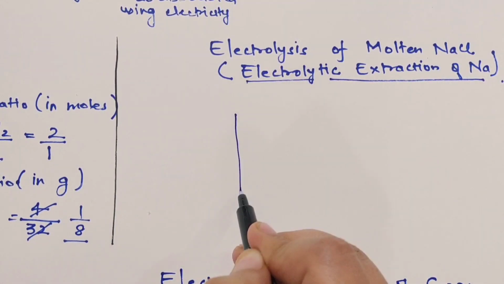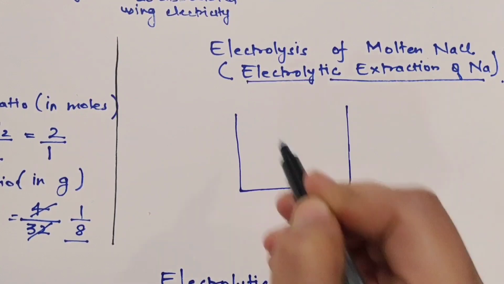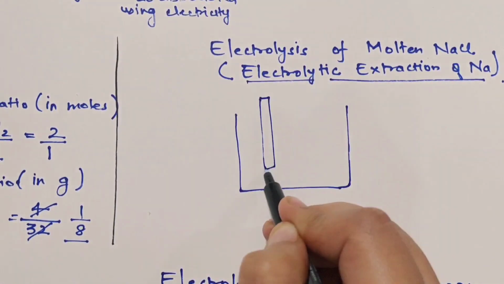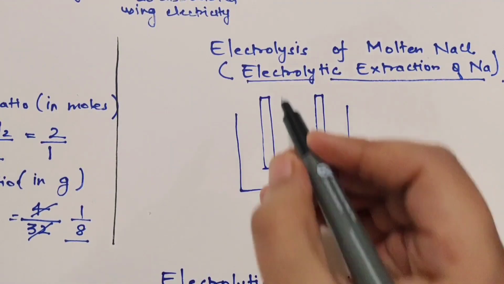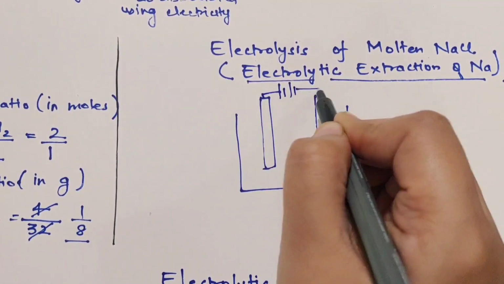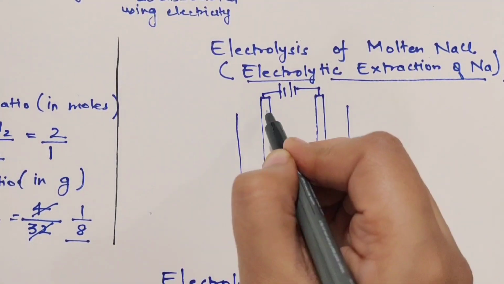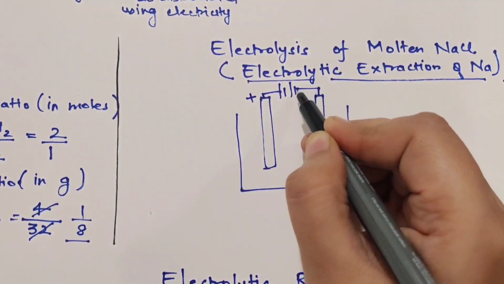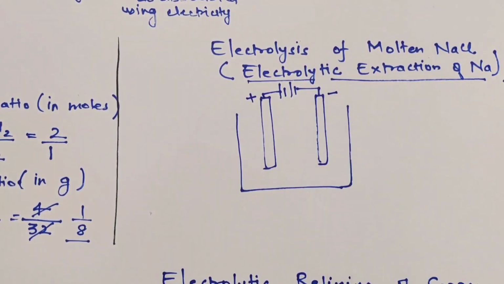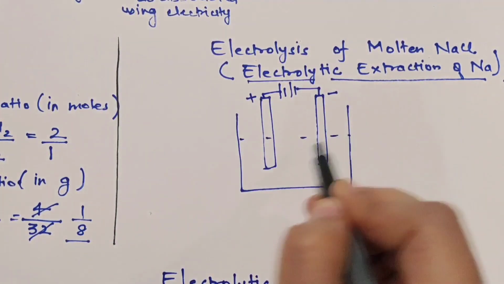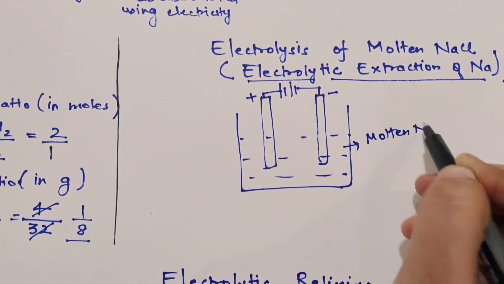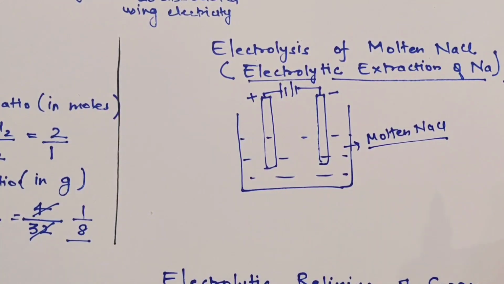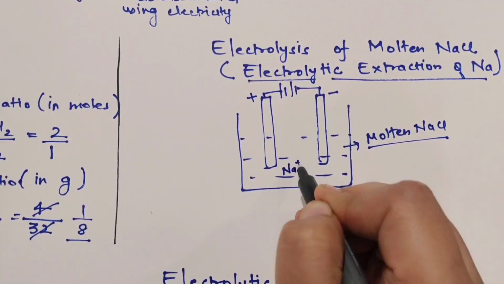So let's start with the setup. Setup is very simple. Like we have been having, a vessel, 2 electrodes connected with a battery, positive end connected to this electrode, so this becomes the positive electrode, negative end connected to this electrode, so it becomes the negative electrode. The electrolyte that we are using is molten NaCl. Now here it's only NaCl, only sodium and chloride ions are there.